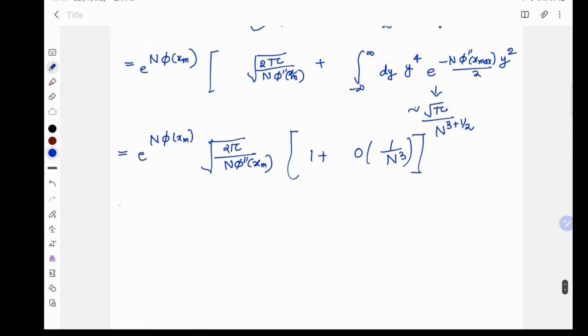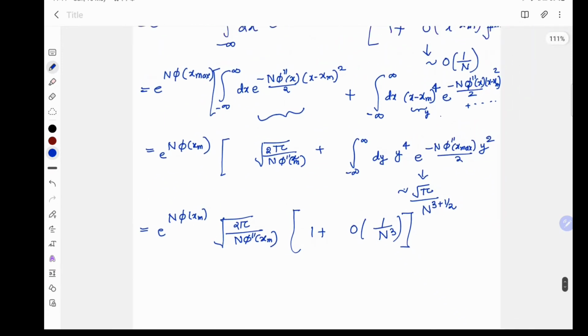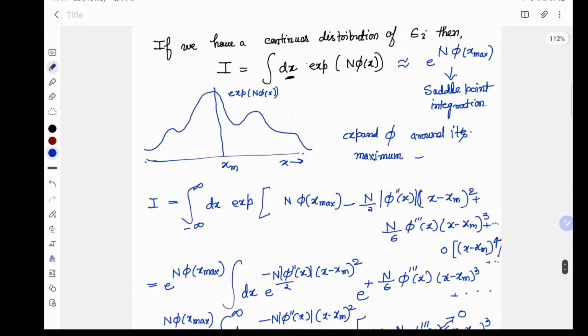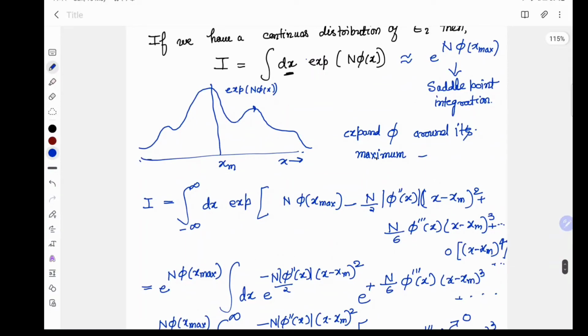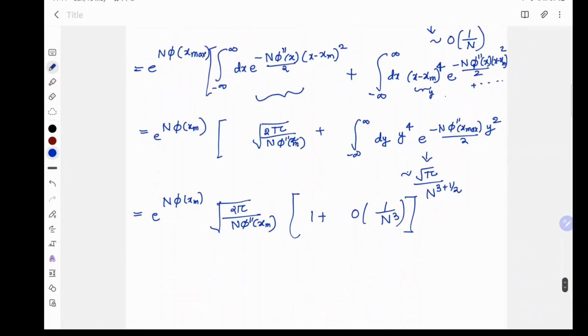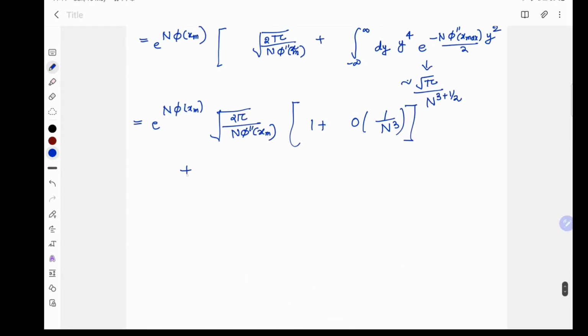So in the limit, yeah, but the question is there may be other maxima, other maximas are also there. But if you have done the same thing for other maximas also, let's say e to the power n phi x_m prime times 2 pi over n phi double prime x_m prime, and so on.